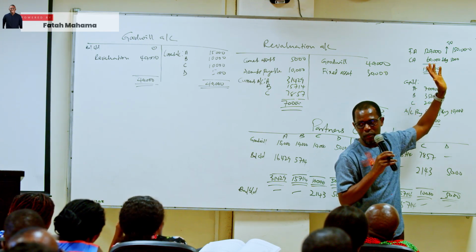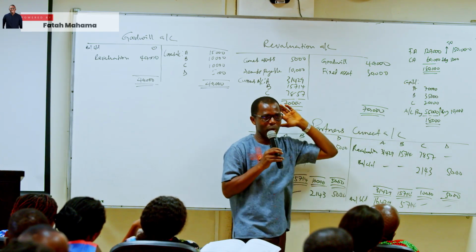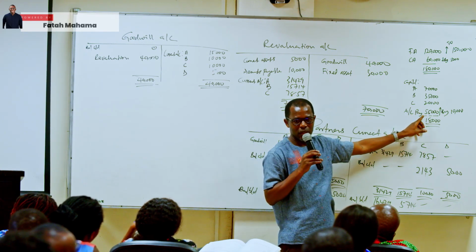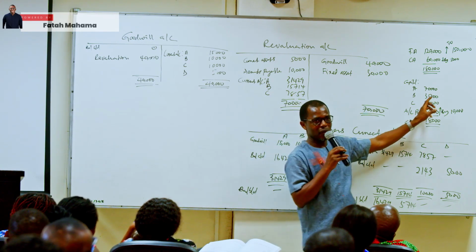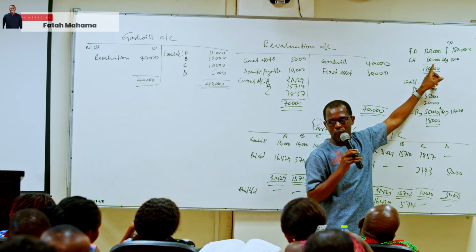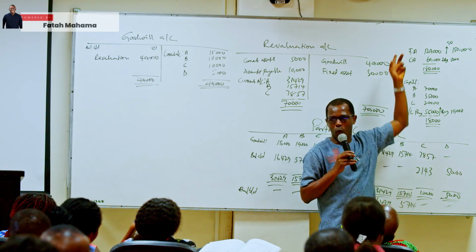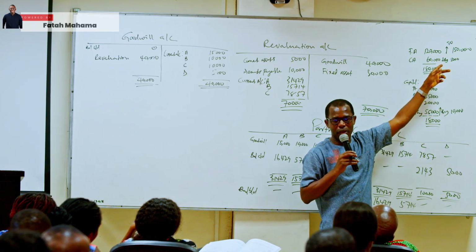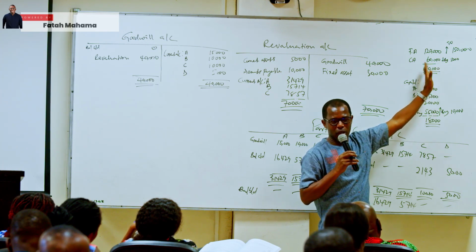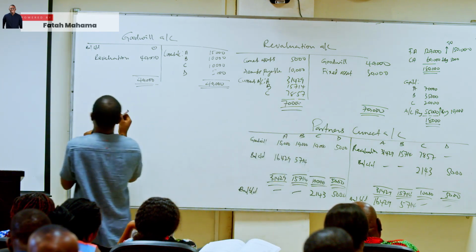Do you agree with me? That's the only trick here that you need to remember: the introduction of the capital by D necessarily requires that our current asset go up. Because if you give him credit for capital, there must be a corresponding debit entry. Where is that? Bank, because he brought the money. Are we together?